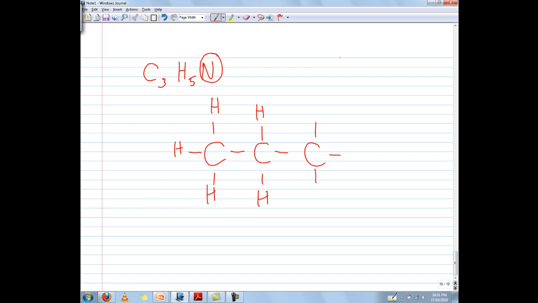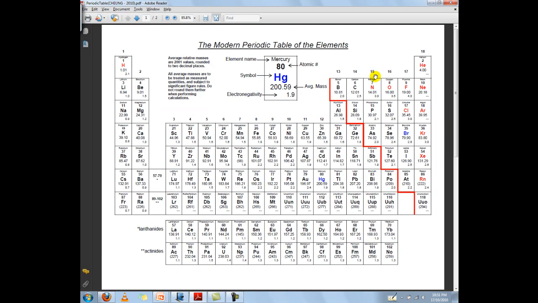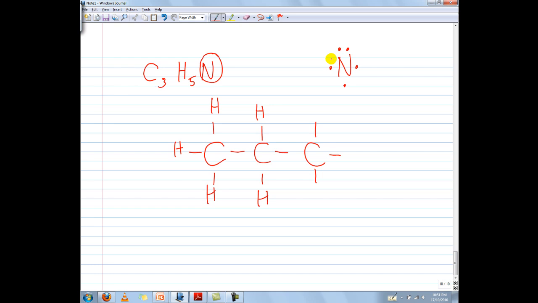Now let's take a look at nitrogen. Nitrogen is in group 5A, meaning that it has 5 valence electrons. As such, nitrogen needs 1, 2, 3 more electrons, meaning it can make 3 other bonds in order to achieve stability.